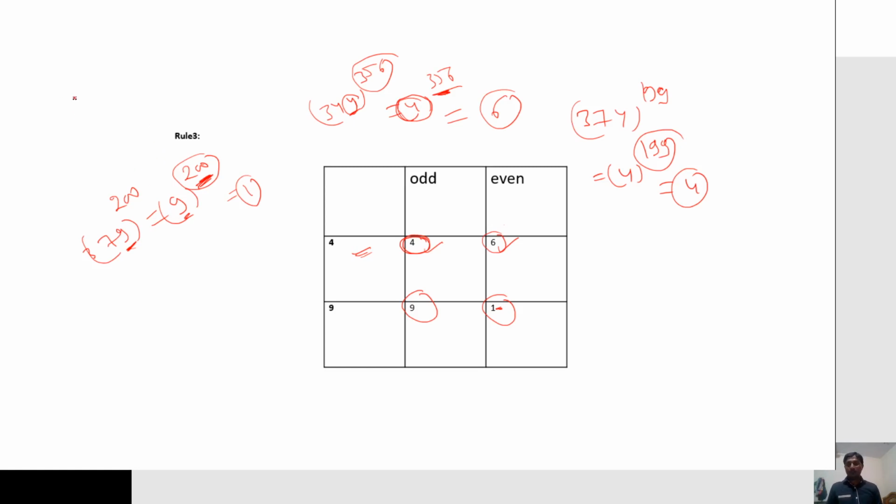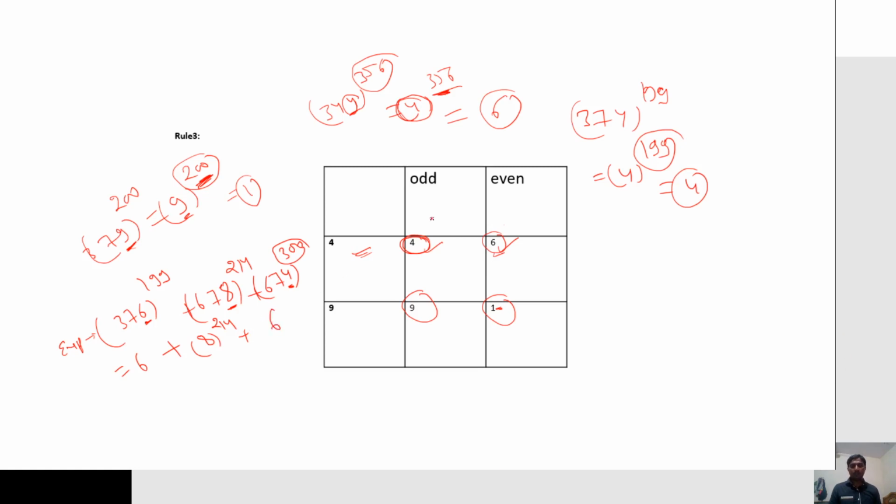For example, all the rules are included in this example: 376 to the power 99, 8 to the power 214, 74 to the power 300. Here the unit digit is 6, and in the case of 6 the unit digit is always the same. Here the unit digit 8 to the power 214, and here the unit digit is 4 to the power 300; 300 is an even number, so we get unit digit 6.